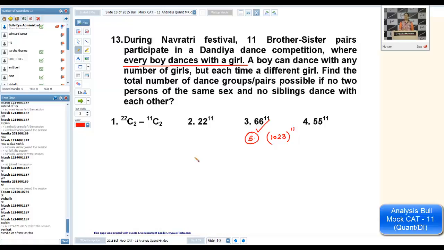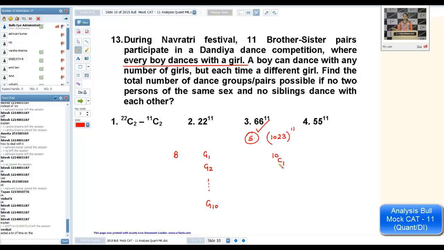We want to make pairs. So here is a boy and there are 10 girls except his sister. A boy can dance with any number of girls. So suppose, first of all, the boy is dancing with a single girl. That choice can be made in 10C1 ways.